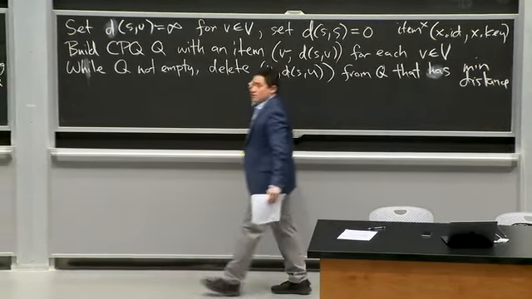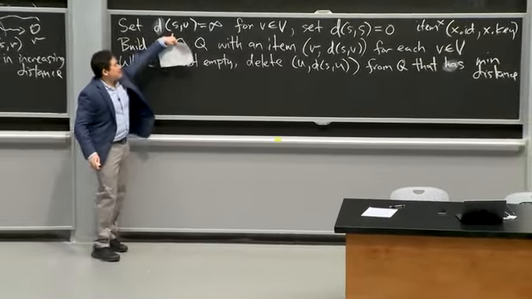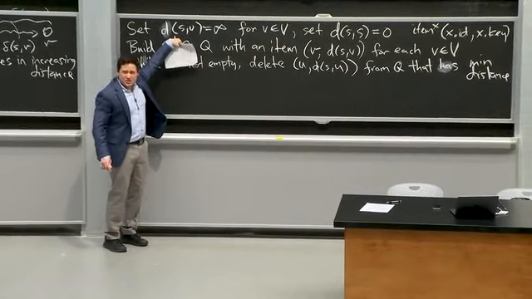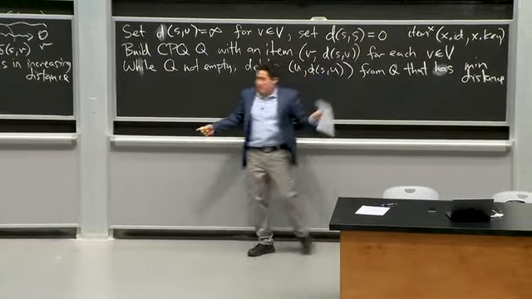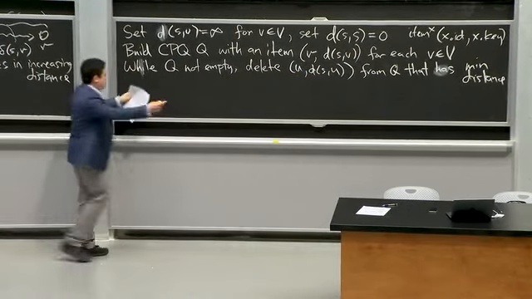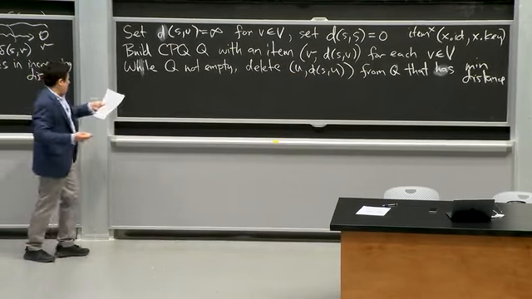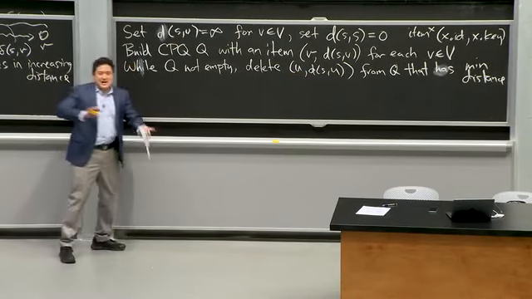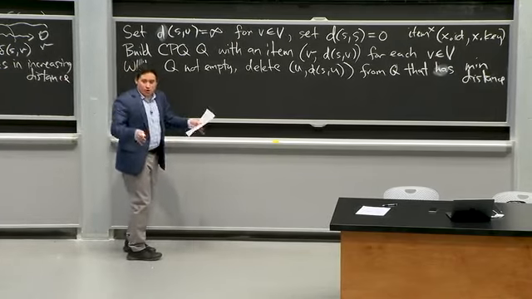So I'm going to look at all the things in my priority queue. At the start, it's just going to be S, because everything has shortest path distance estimate infinite except for S, and so that's clearly the smallest. So I'm going to remove that from my queue, and then I'm going to process it. How am I going to process it? It's the exact same kind of thing as DAG relaxation. I'm going to relax all its outgoing edges.